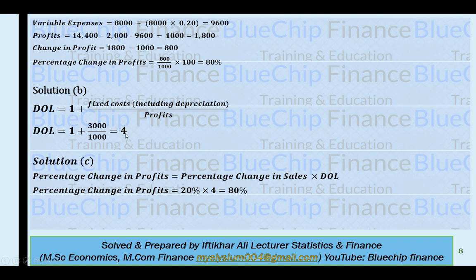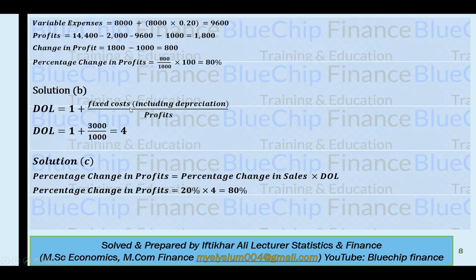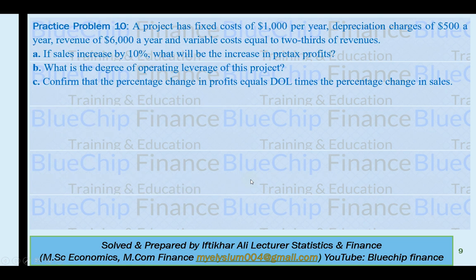In the second step we calculated DOL, which is 4, and in the question it is given that there is a 20% change in sales. So 20% multiplied by 4 equals 80%. That equals the manual way of calculating percentage change in profit. So this third question is, in fact, very important to understand degree of operating leverage, and in different aspects how we can use it in the calculation of percentage change in profits.